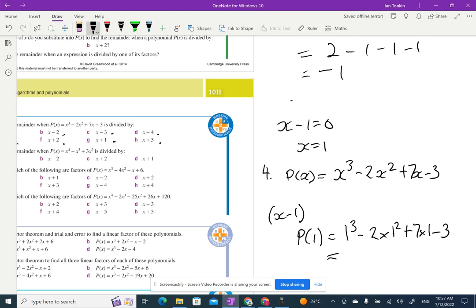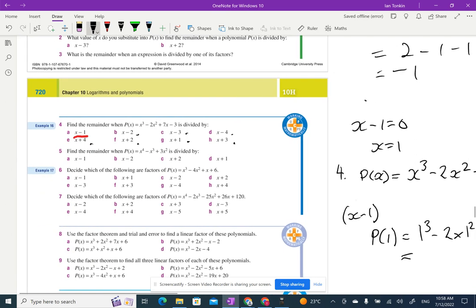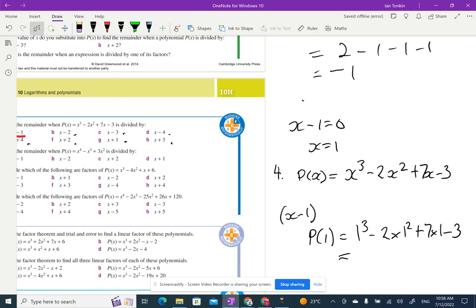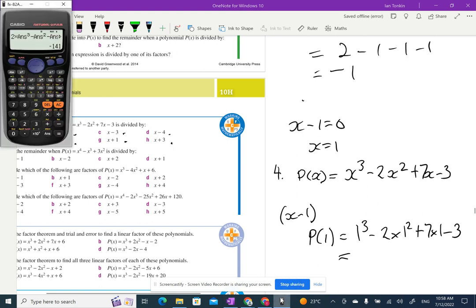But again, I don't want to do it again and again and again. So I'm just going to use my calculator and use my answer. So watch this. Again, I type 1 equals, that's my answer. And now, what is it?